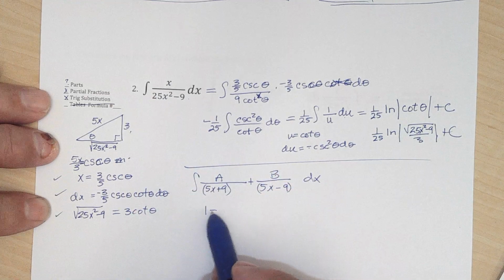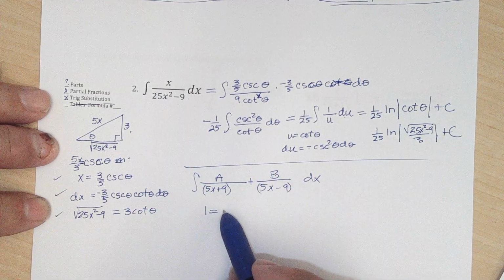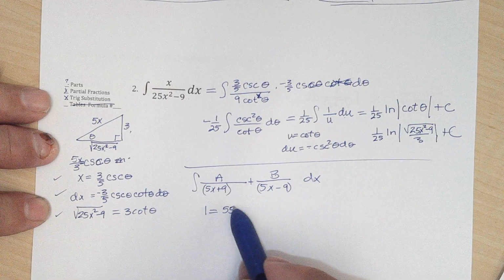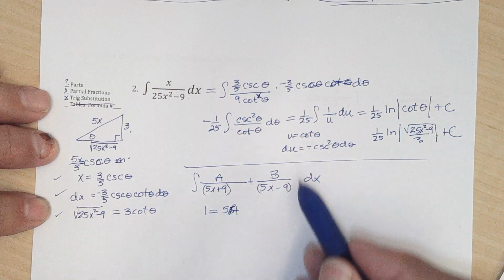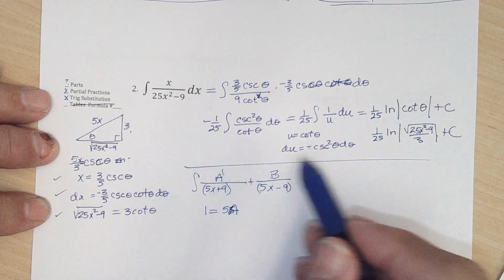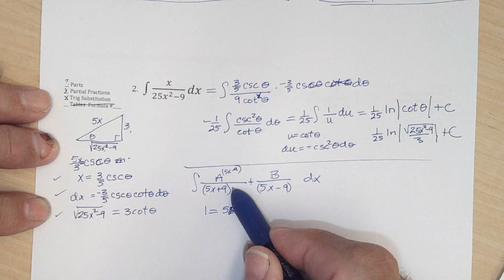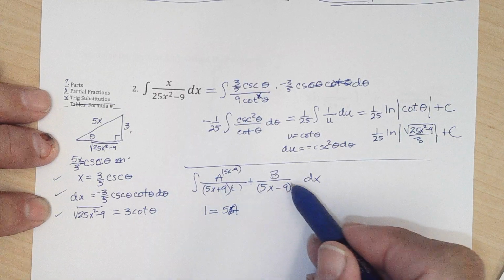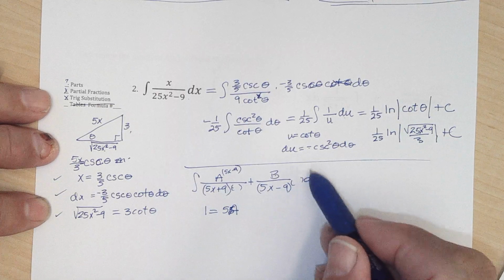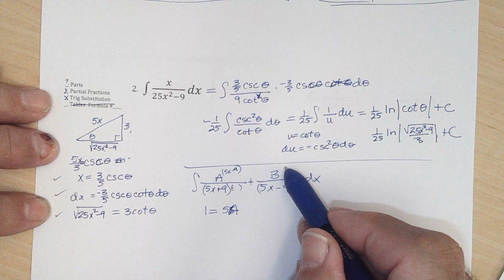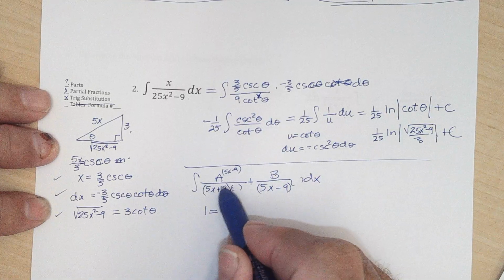so 1 equals 5a, just thinking in my head, 5x minus 9 would have to go times this numerator and denominator. And this would have to be 5x plus 9 plus 3. Boy, oh boy. 3.